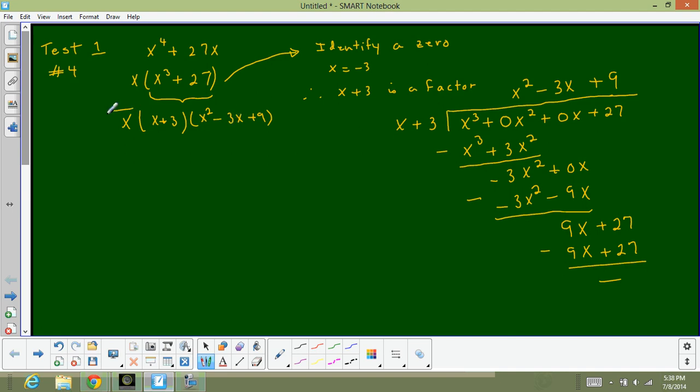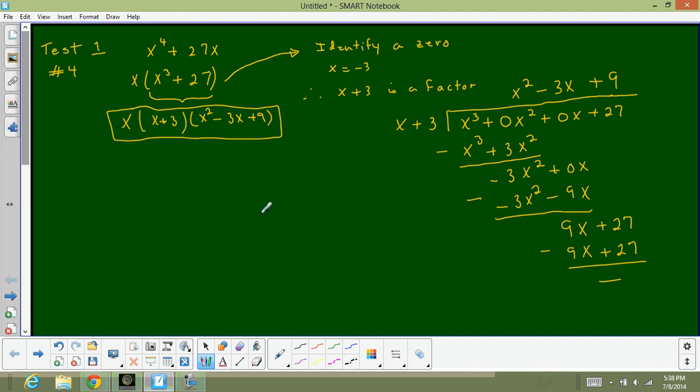And so you have reached algebraically prime expressions that represent our x to the fourth plus 27x in fully factored form. So that's an alternative technique to the video technique that we displayed for the answers, which was more intuitive, and we'd like your numeracy to get to that level.